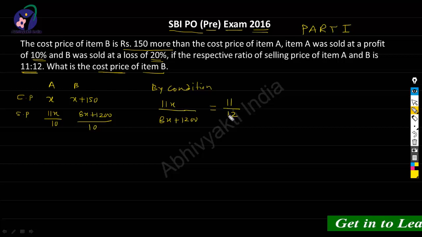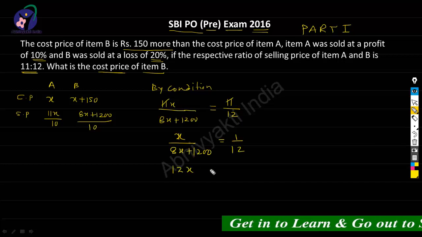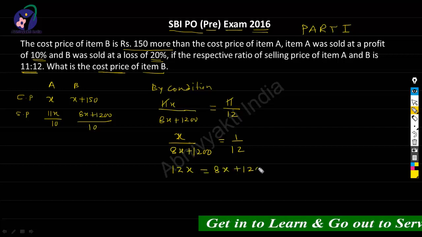This 11 and 11 will get cancelled, and it will be x upon 8x plus 1200, which is equal to 1 by 12.